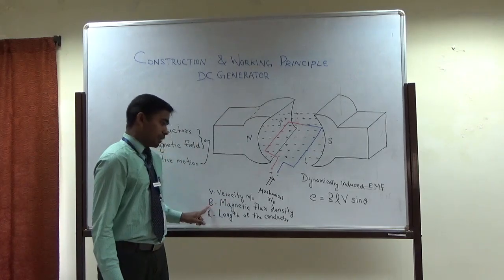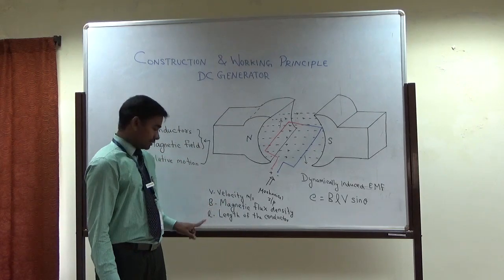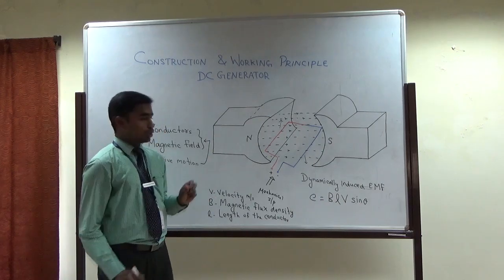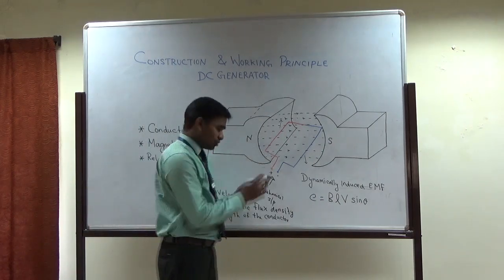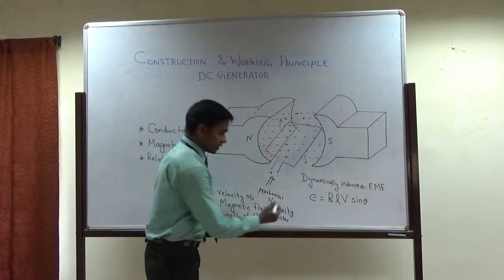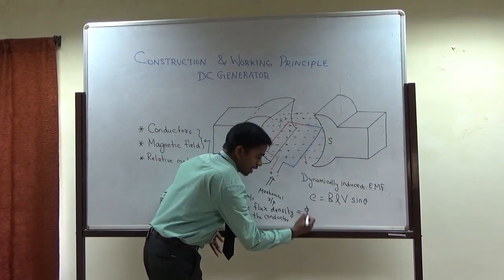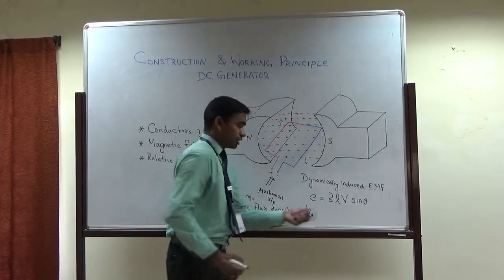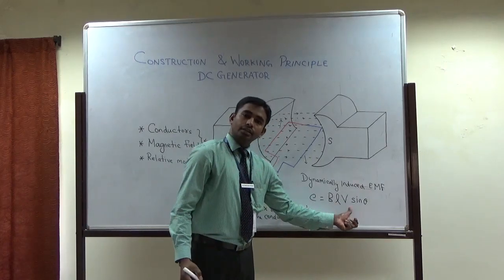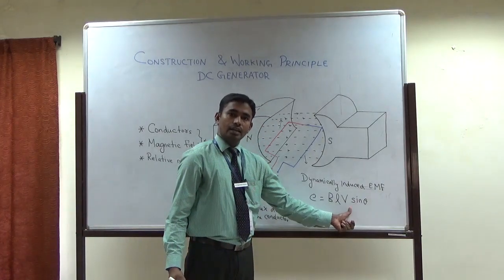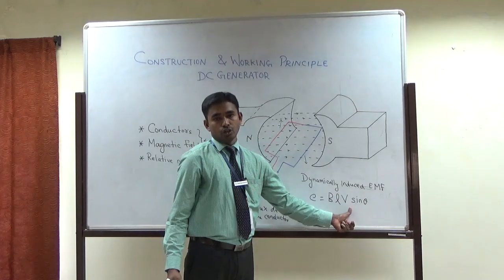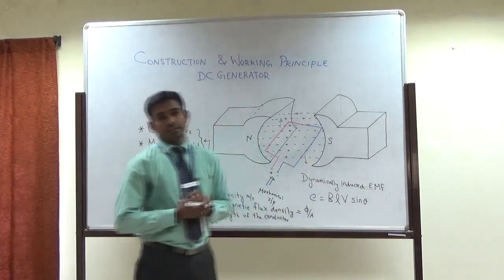So this is B, the magnetic flux density, this is the length of the conductor, and this is the velocity. Magnetic flux density means magnetic flux per unit area. These are all the three things which are essential while calculating the induced EMF of a generator.